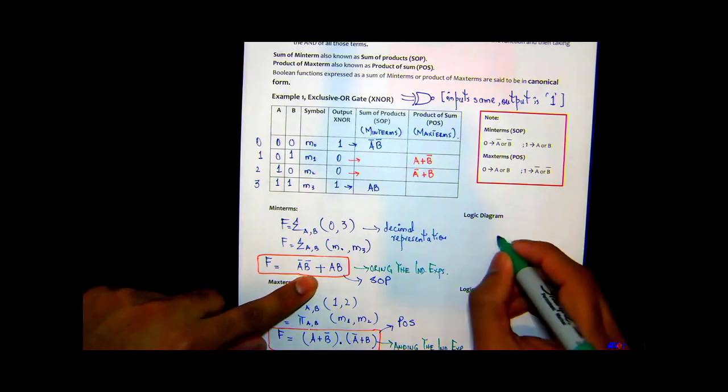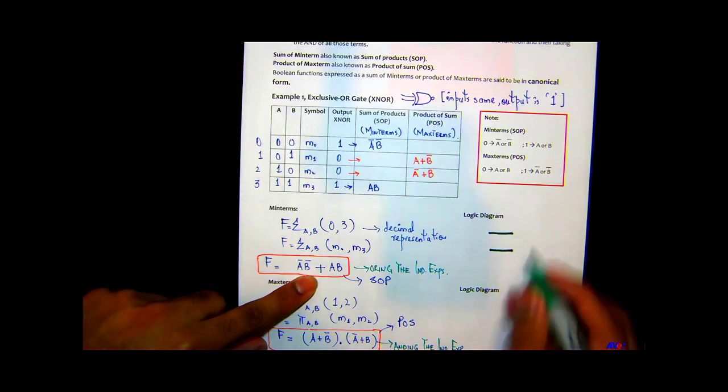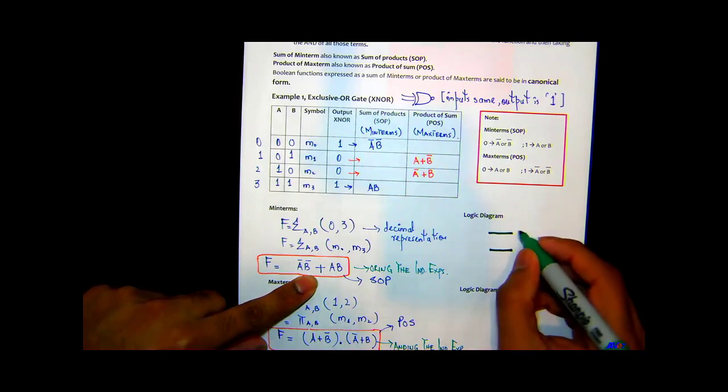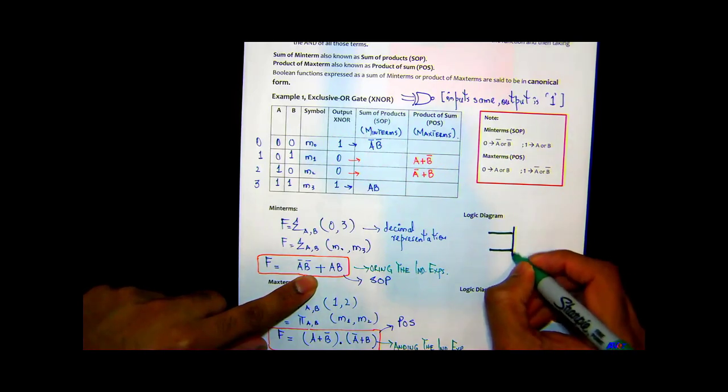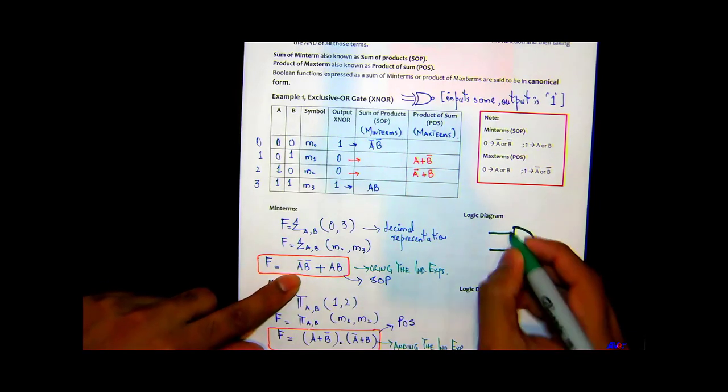I need two inputs, A and B, and then these go into an AND gate, and both are bubbled.